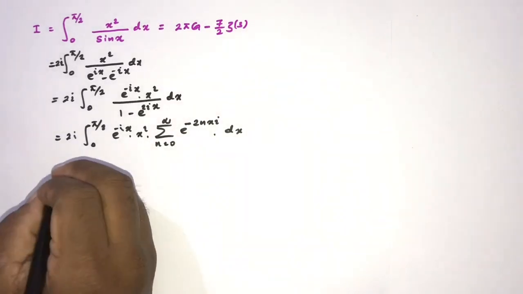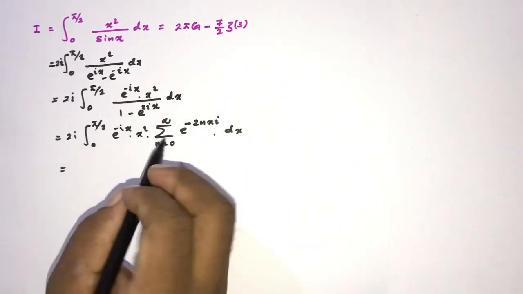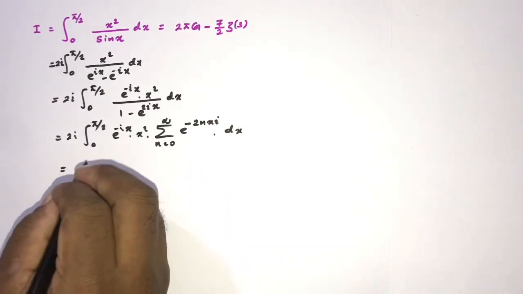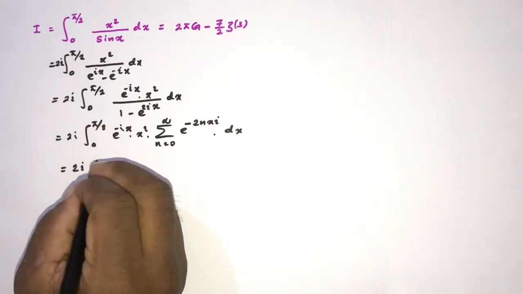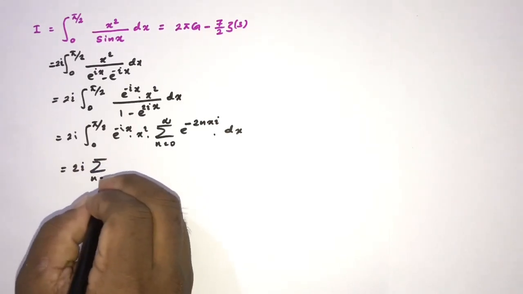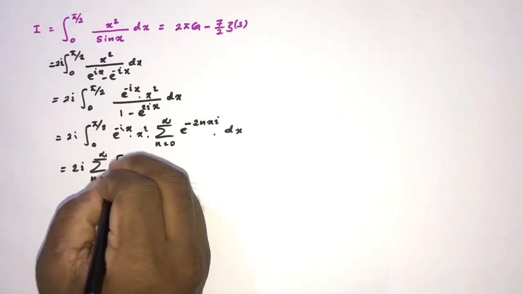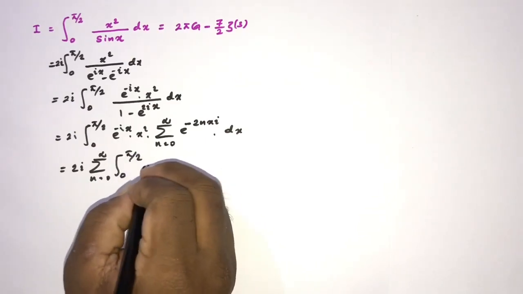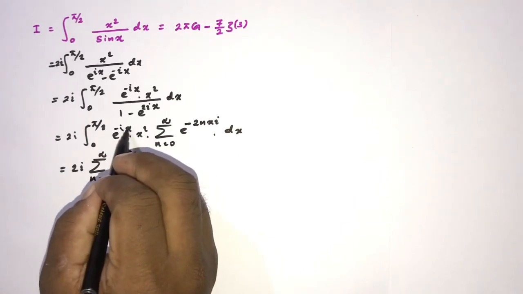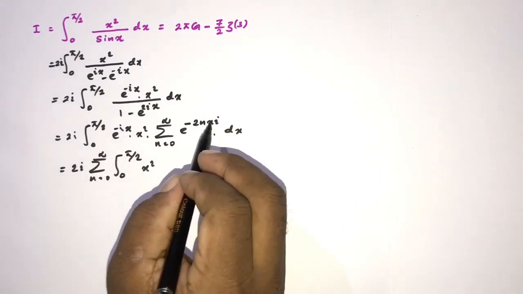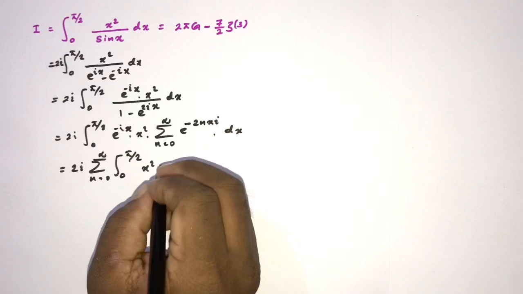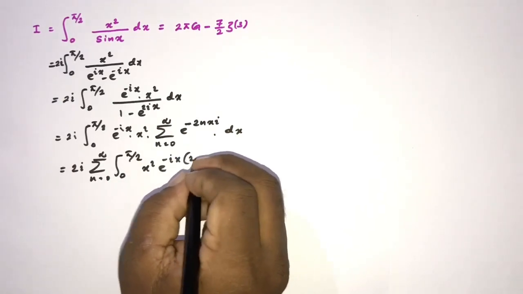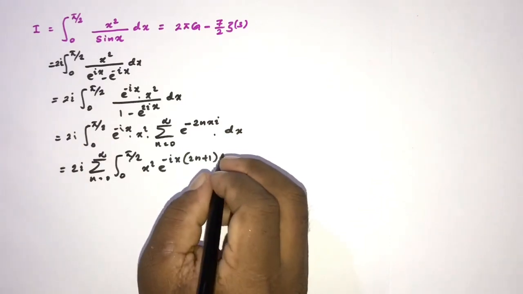Then according to Fubini's theorem we can interchange the sigma notation and the integral sign. So we have 2 times i, infinite sum 0 to infinity, integral from 0 to pi over 2, x squared. Now e to the minus ix is a common factor, so here we have 2n plus 1.